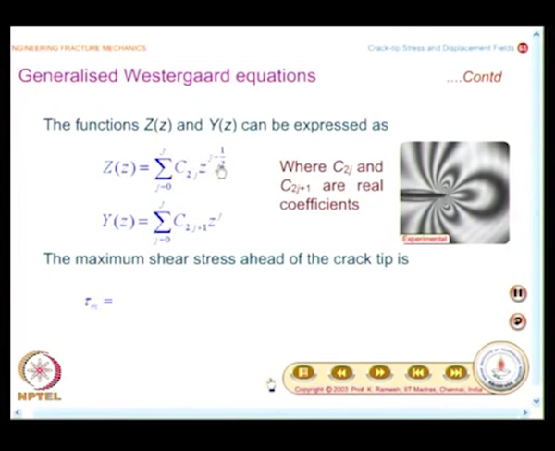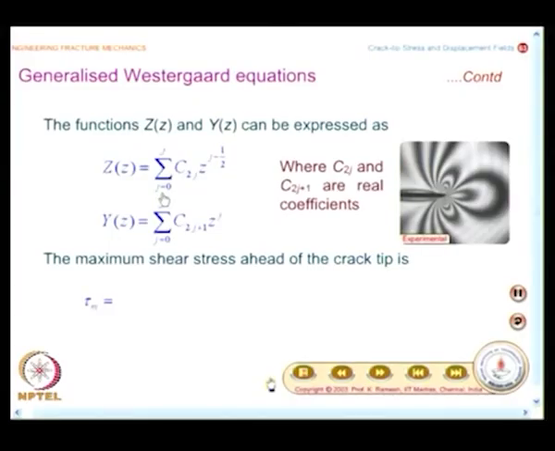You will have z power minus half, that is the root singularity embedded in this, and you have higher order terms. If you look at the modification by Tada, Paris and Irwin, this will be very similar to that, not exactly the same, but very similar. But only taking Z as a series form will not yield either the forward tilt of the fringe loops or the fringe loop ahead of the crack. Neither the forward tilted loops nor the fringe loop ahead of the crack will you be able to get.